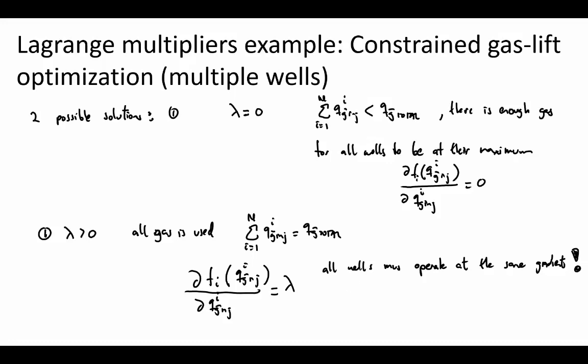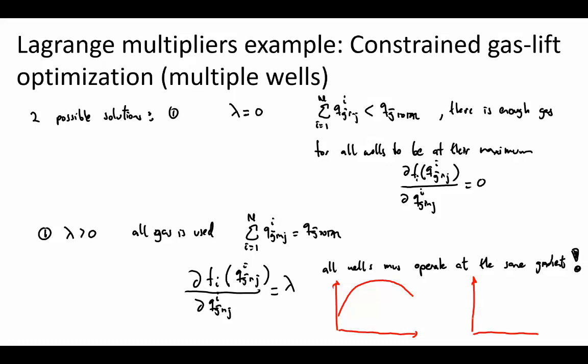So even if you have one curve which is, let's say, very inclined and then becoming flat, and you have another well which is, let's say, smooth and then becoming flat, you have to find a place where both slopes are the same.